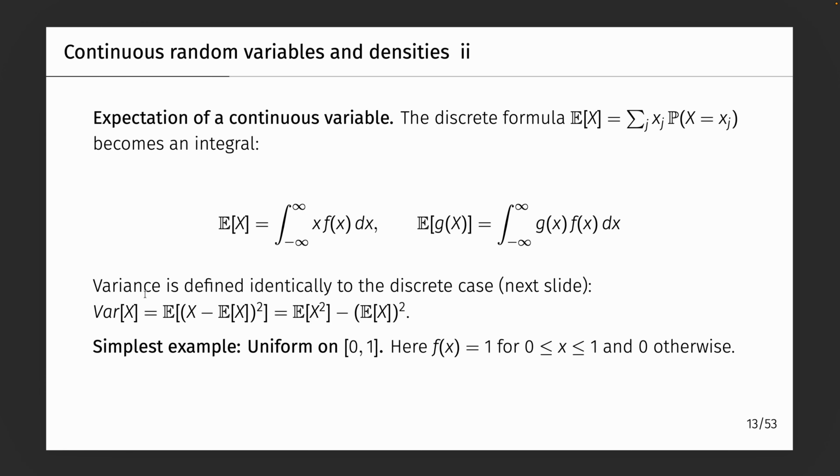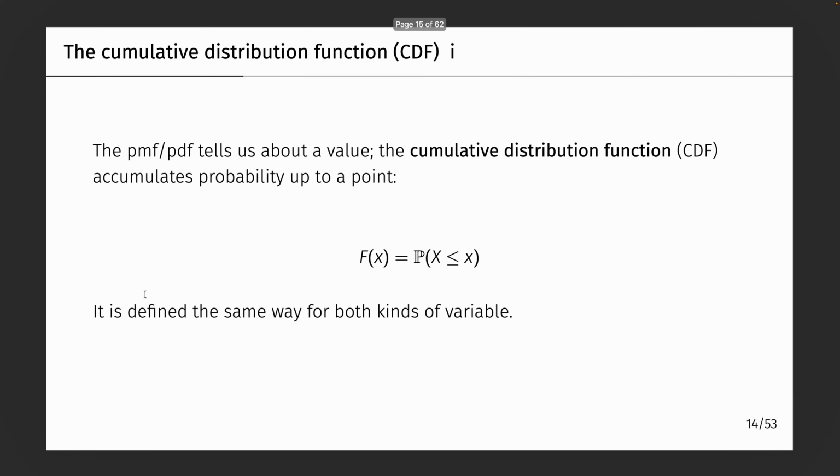The simplest example of a continuous random variable is the uniform random variable, which you see on the board. We'll see more on the uniform distribution in just a bit. One more definition is the cumulative distribution function, which is essentially a measure of, given a particular value of x, how much area it covers till I reach that value x.